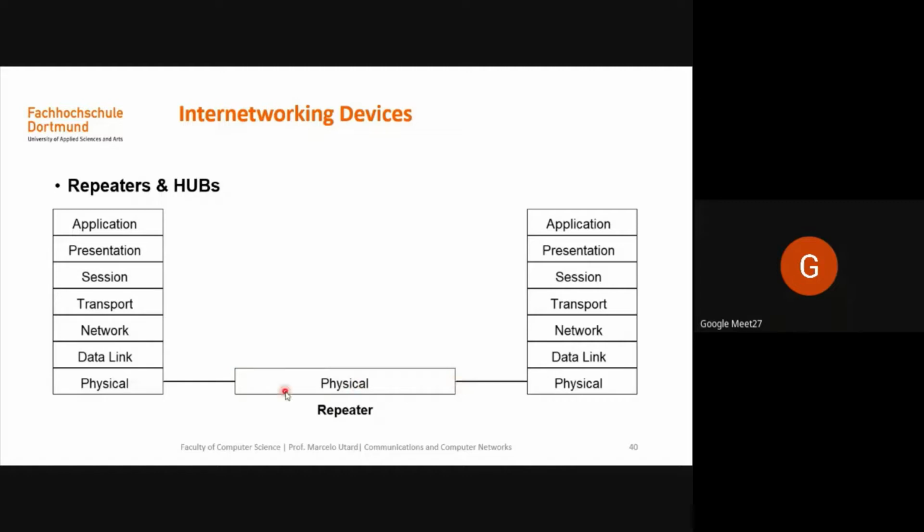That's why the repeaters and hubs couldn't adapt different rates, different speeds of transmission.